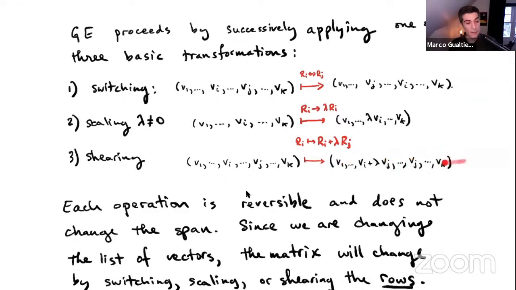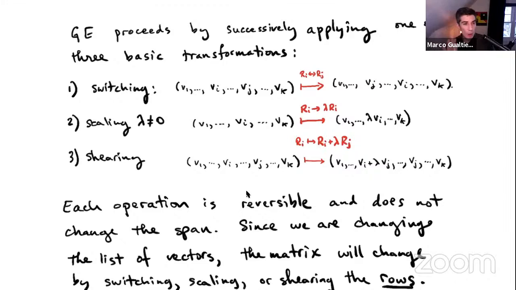So Vi is in the span of this list. Vj is in the span of this list, and all the other vectors are in the span of this list. So it's clear that the span of this list is the same as the span of this list. And I've denoted this by saying that Ri goes to Ri plus lambda times Rj. So I'm multiplying Rj by a number, and I'm adding it to the row i.